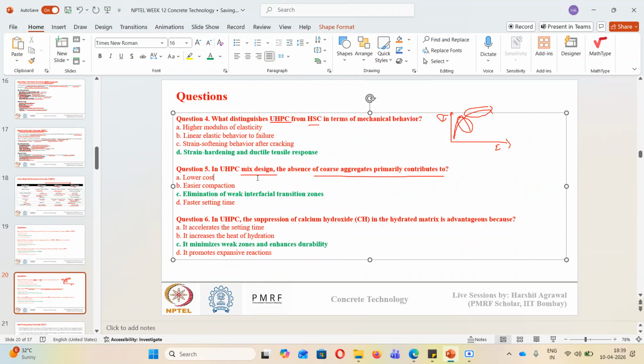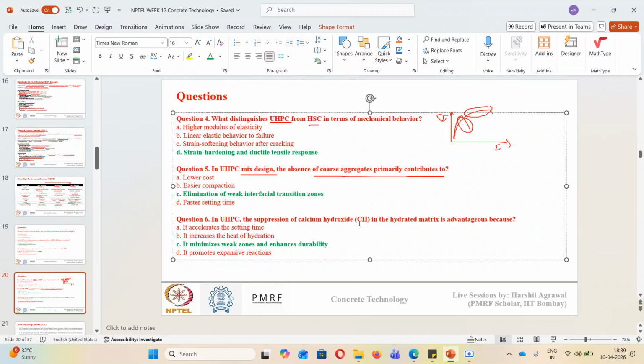We know it is relatively soluble and it is vulnerable to chemical attacks like carbonation or sulfate attack. We have seen how in carbonation calcium hydroxide becomes vulnerable, or in sulfate attack also we saw calcium hydroxide is the first source which leads to formation of CaSO4.